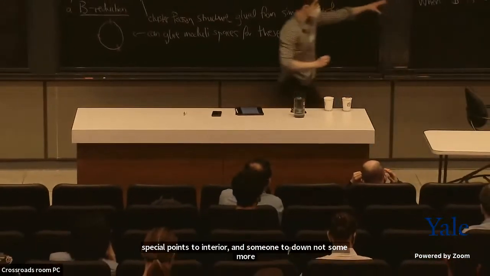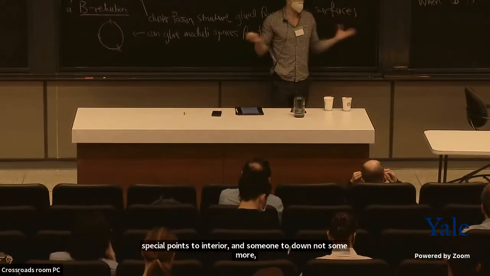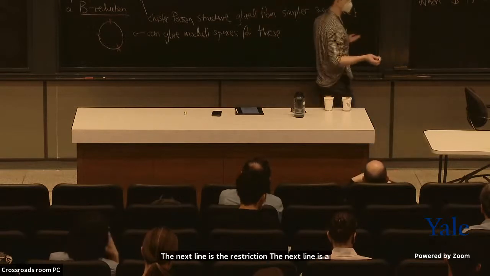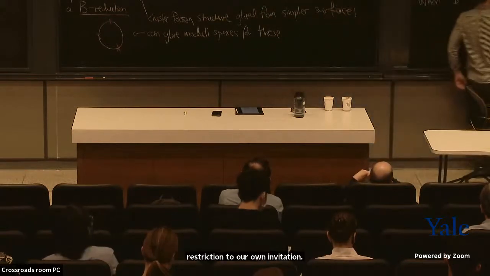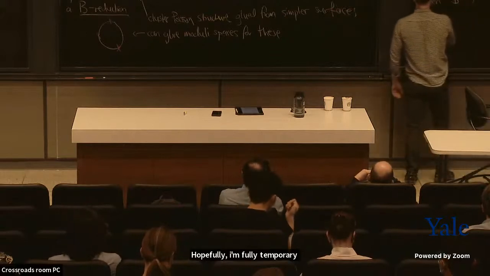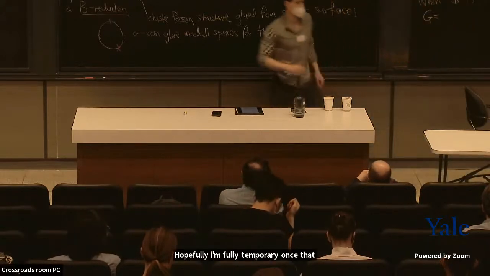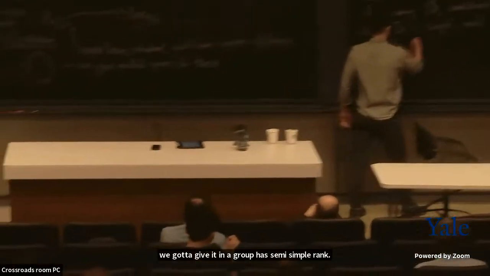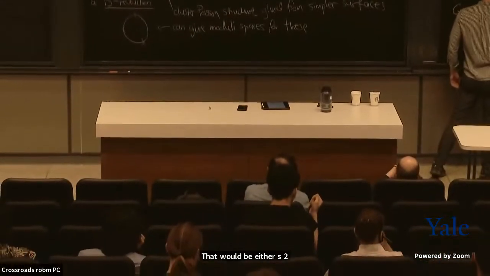So this is an important restriction. The next one is a restriction due to our own limitations, hopefully temporary ones. That restriction is we're going to demand our group have semi-simple rank 1. So it'll be either SL2 or PGL2.